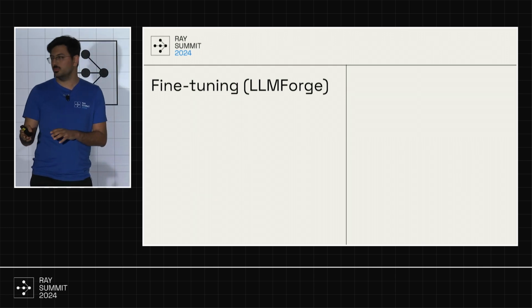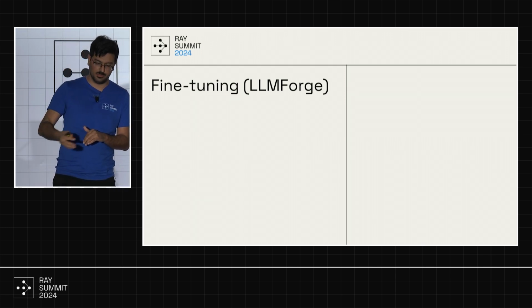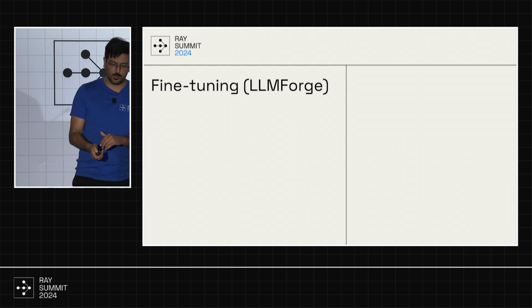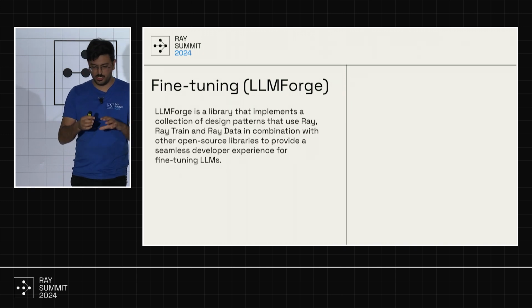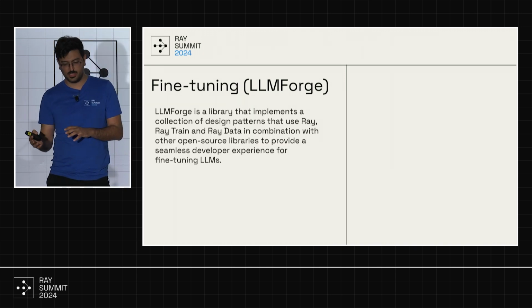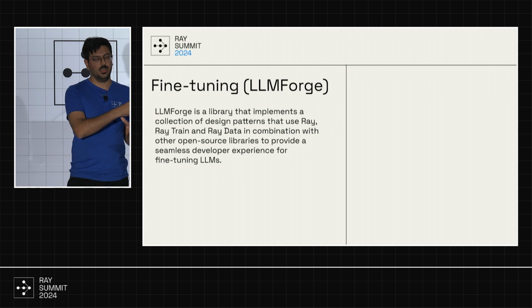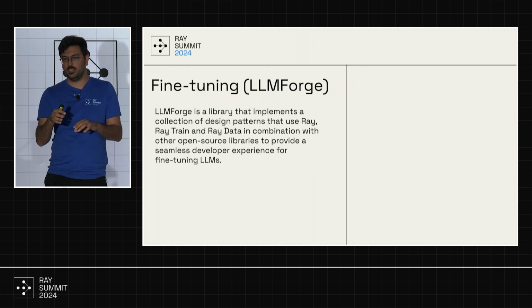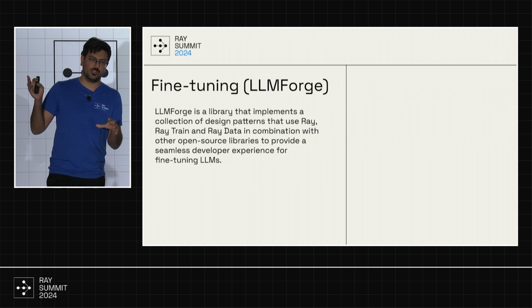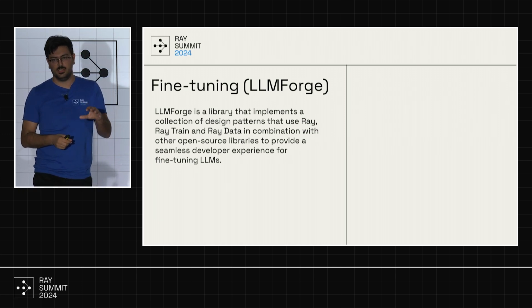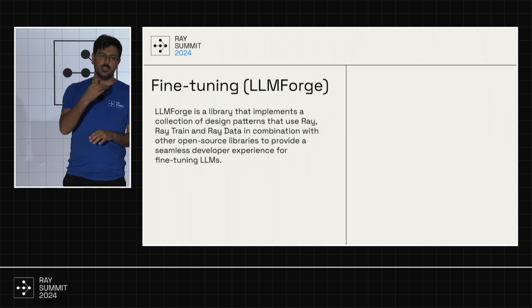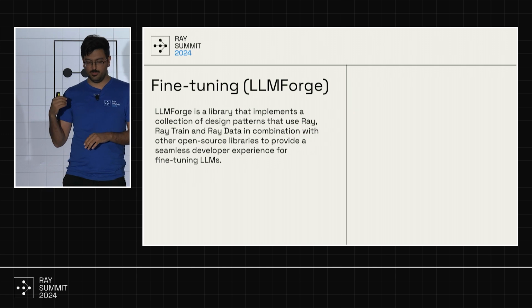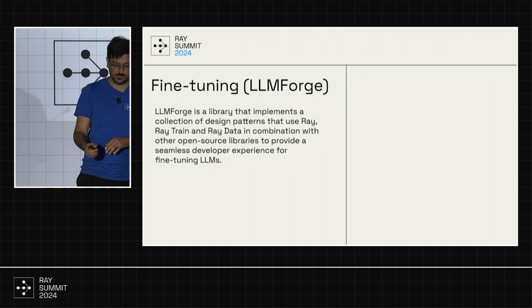That brings us to the next topic, fine-tuning. So LLMForge. LLMForge is a productionized library that we have on Anyscale, which is essentially some design patterns using Ray Train and Ray Data, along with other open source libraries like Hugging Face, DeepSpeed, etc., to enable a higher level user experience for fine-tuning and post-training LLMs.